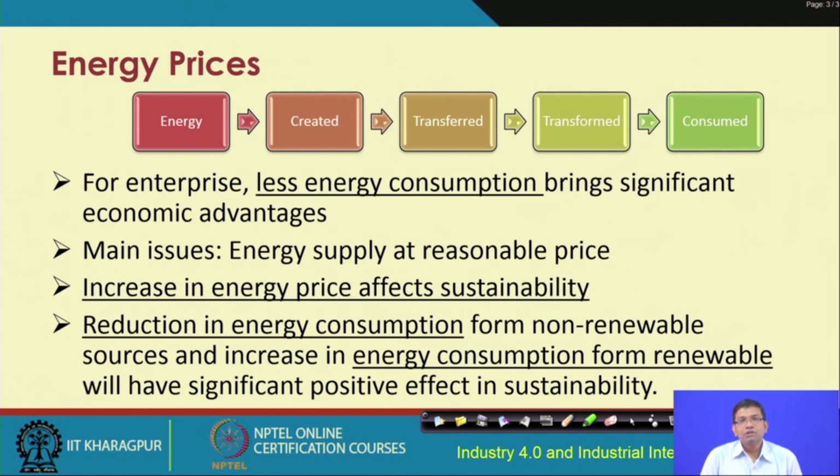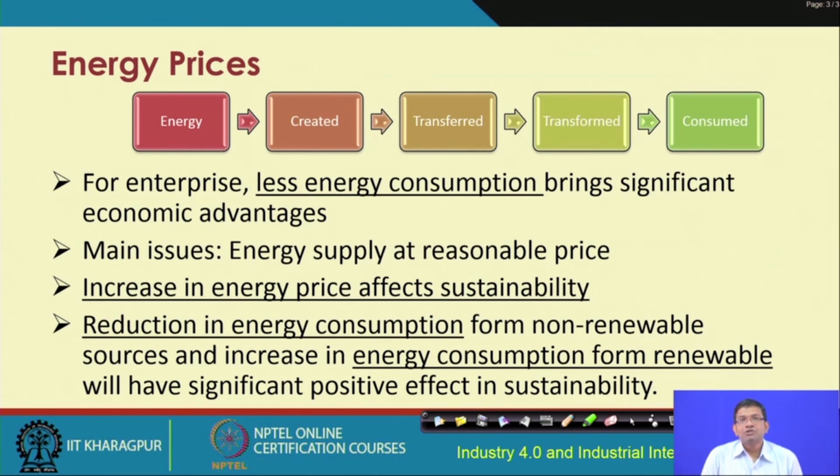More energy consumption basically leads to bigger impact on the environment, which is not very desirable. So, for enterprises it is very important to ensure that there is reduced energy consumption through the introduction of these newer technologies and so on.